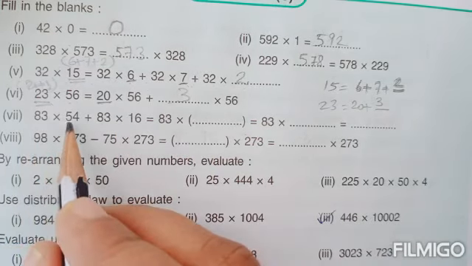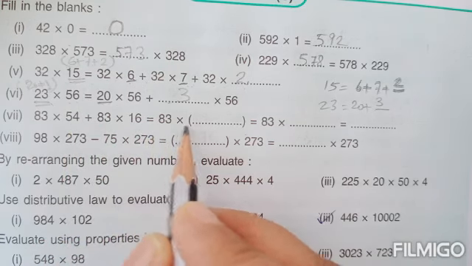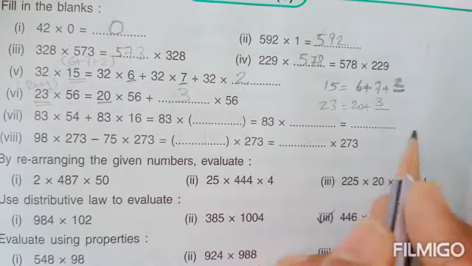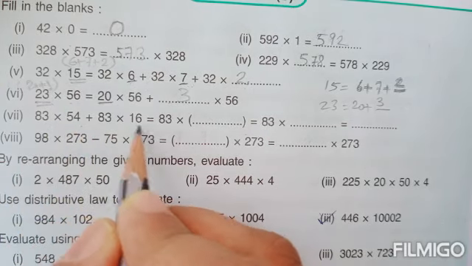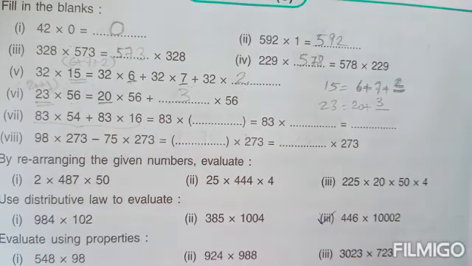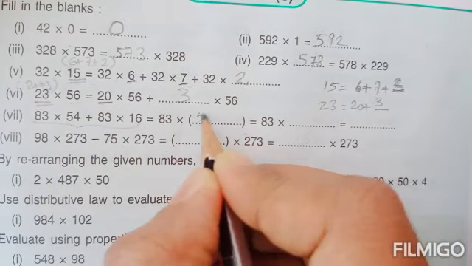Seventh one: 83 into 54 plus 83 into 16 equal to 83 into dash equal to dash. So here 83 into 54 plus 83 into 16. By using the distributive property, we can write 83 into 54.